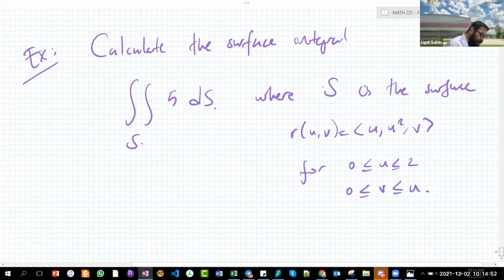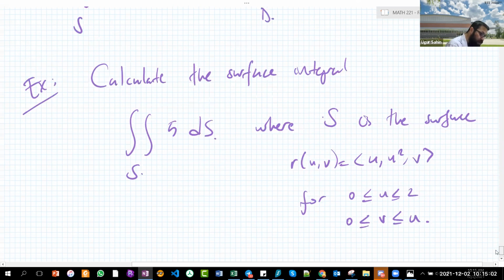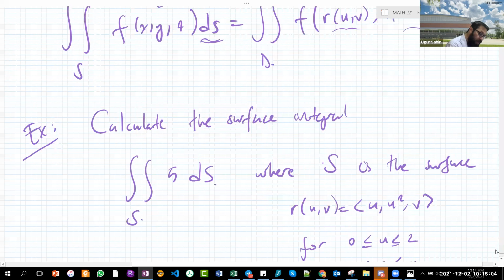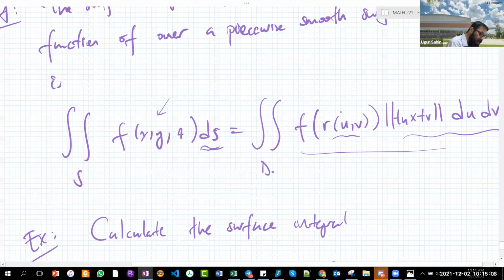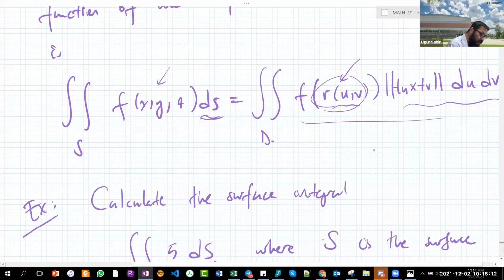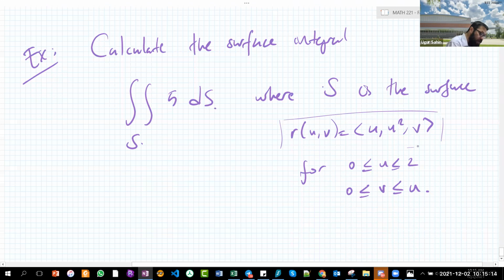This example made the parametrization easy for us, but always your first step is to find a parametrization for your surface, guys. If you want to use this formula for the surface integral, you need a parametrization for your surface. In this example, the parametrization is given readily.